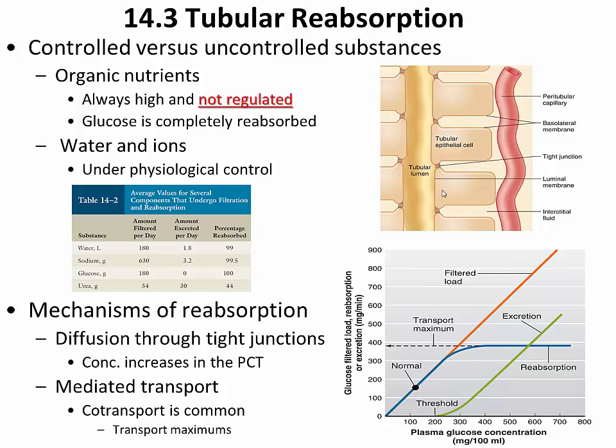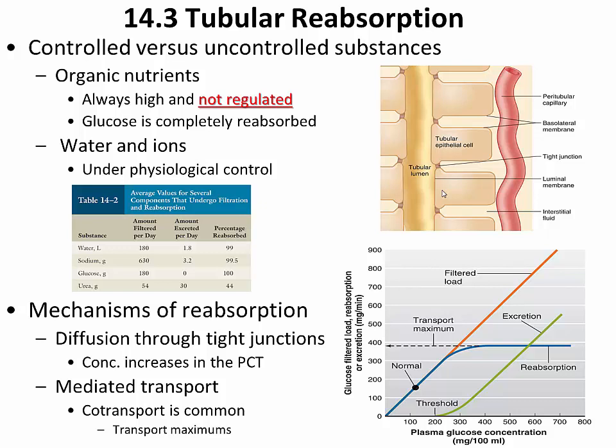We now want to talk briefly about how items are reabsorbed. And there are 2 possibilities. One possibility is simply diffusion. Diffusion occurs through tight junctions between epithelial cells. And one thing that we do notice is the following. So water leaves in massive quantities in the proximal convoluted tubule.